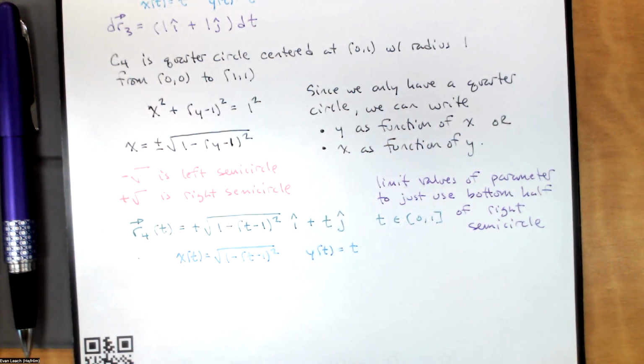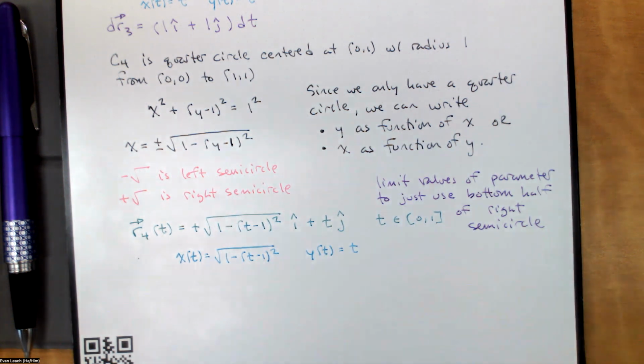So in the vector field we had yesterday, which said 3x minus y as the i component, I'd have to write 3 times the square root of 1 minus t minus 1 squared, i, plus t. At least that part's easy. Then we're in a dot product, and we're going to have to multiply. And we're going to have to integrate. Eesh.